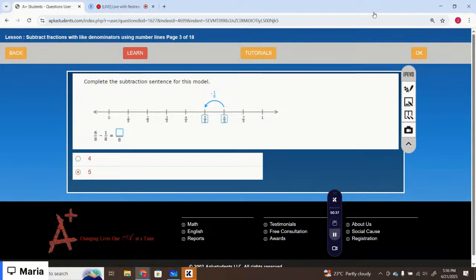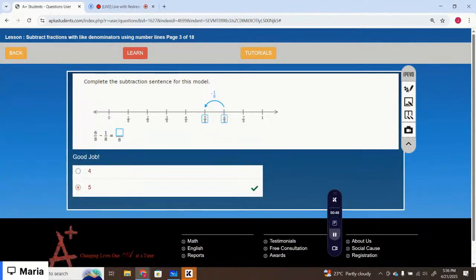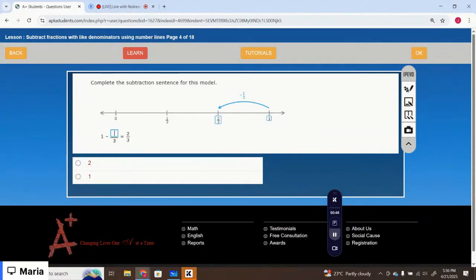That is 5. 1 minus the missing number over 3.